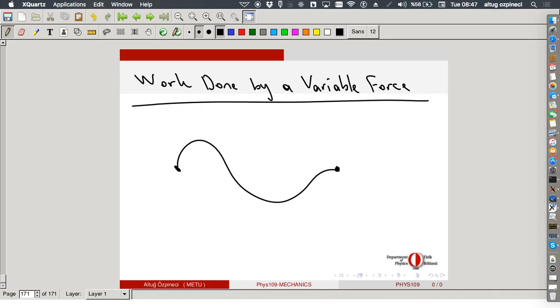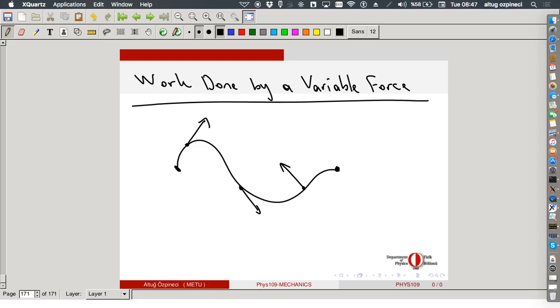It might be the force that your hand is exerting, or the different friction forces at different parts, or whatever you can imagine. Let's just imagine there is a general force. At this point, it is in this direction. At this point, it might be in this direction. We don't know. It might be quite a general expression.